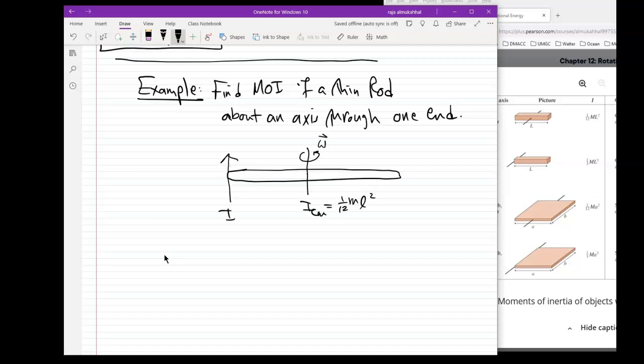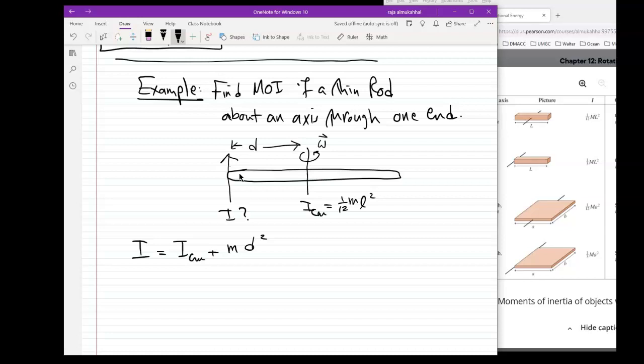I. Well, according to the parallel axis theorem, I is equal to I about the center of mass plus md squared. D is what? How far is the center of mass to the new axis of rotation, which is basically this one. That's D. Okay?